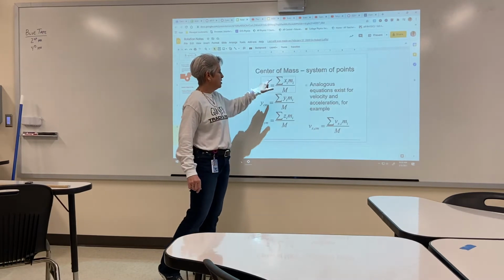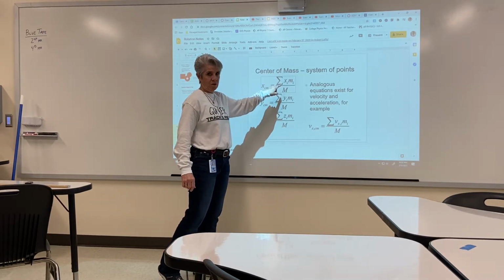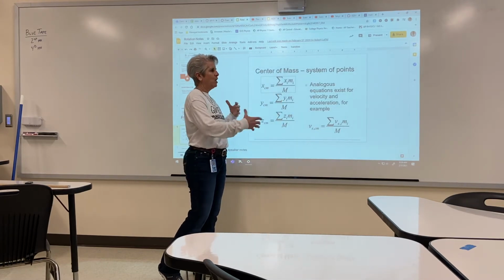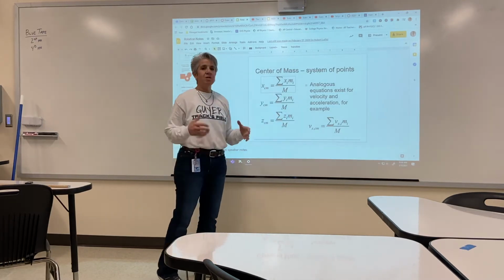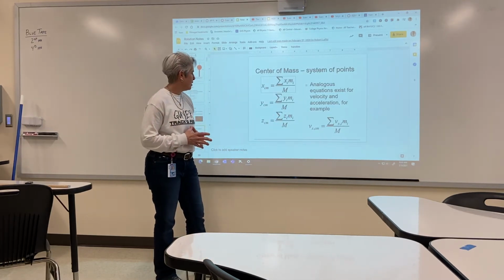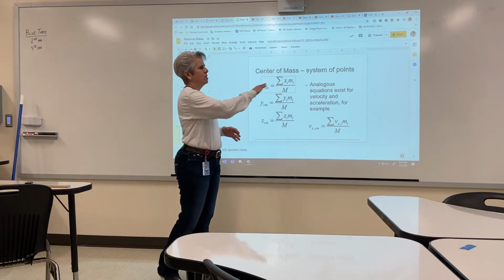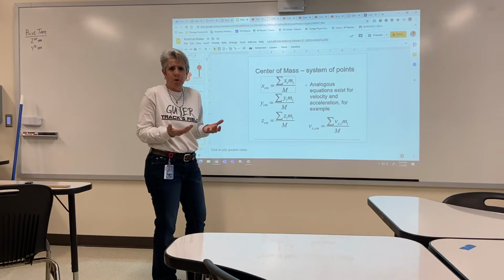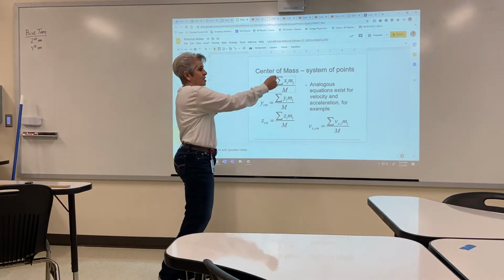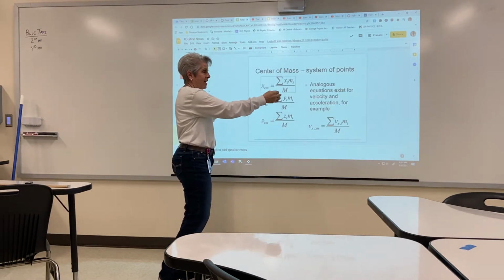So it's the individual x position and the individual mass. We would add up all of those things together, and then we would divide this by big M. Big M is the total mass of our system. So we can find this horizontally. If we had something on a coordinate plane, we would measure from an origin. Hey, how far away is this piece, or how much mass is at that position?